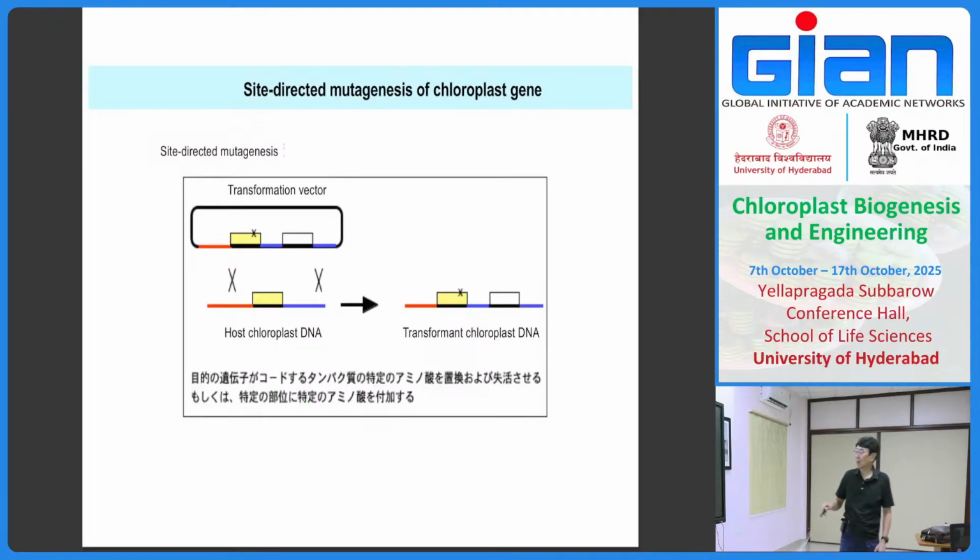Then you first select for resistance against spectinomycin. Among the transformants growing in the presence of spectinomycin, you screen for the clone that has the point mutation. So you need a little bit more work.